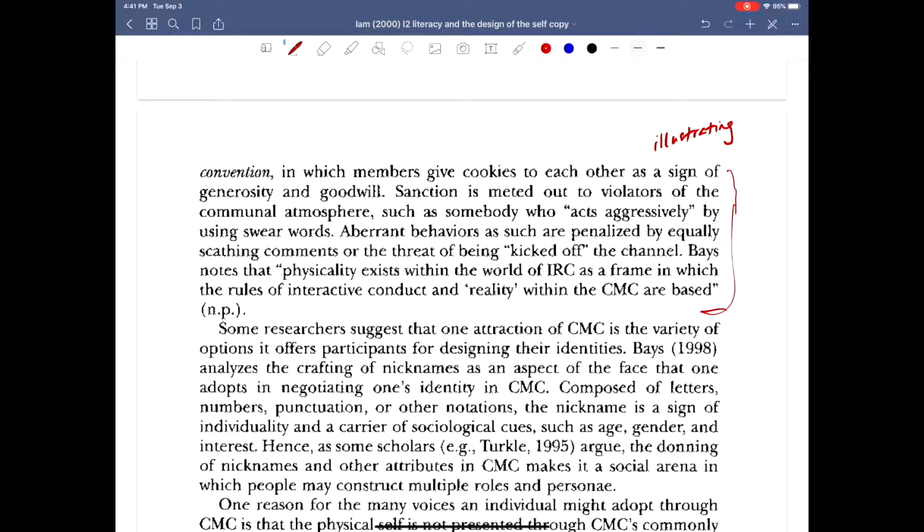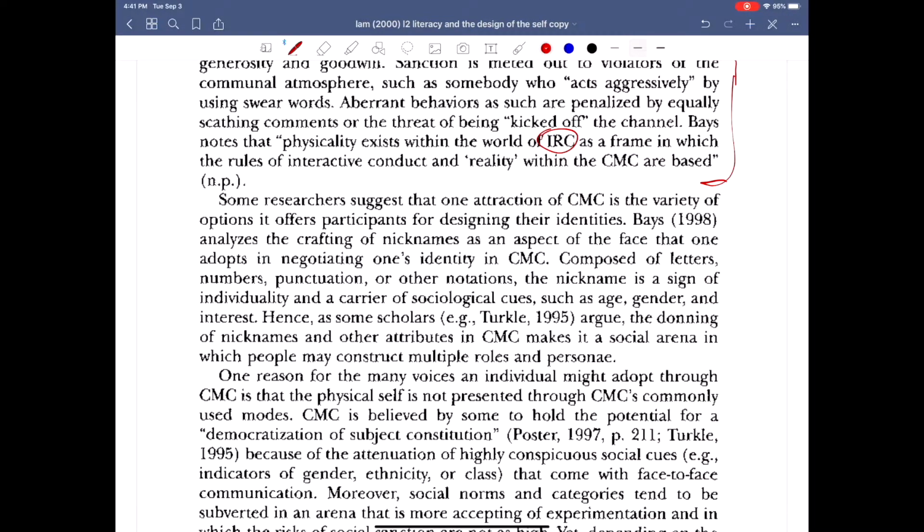It's because she's giving a very specific example that uses IRC. Just keep in mind this is written in the year 2000. I don't know if you know IRC. It's pretty old technology, old by today's standards. She's giving more illustrating.